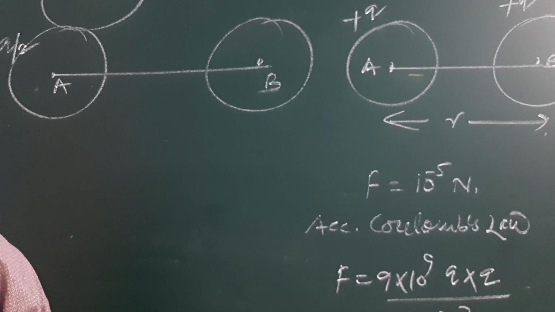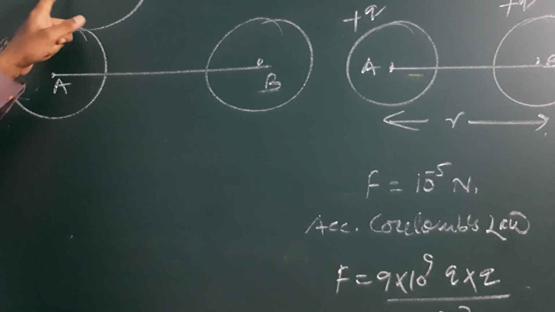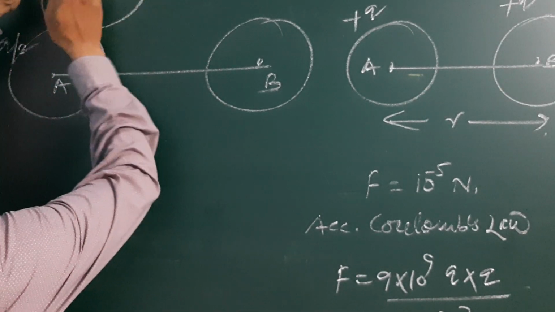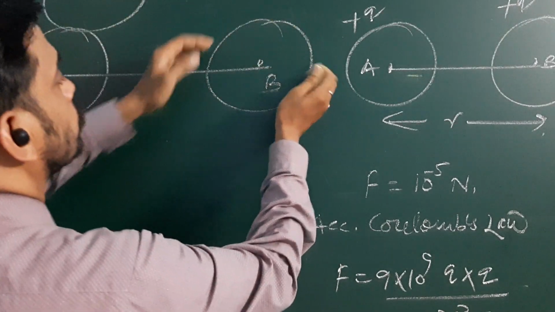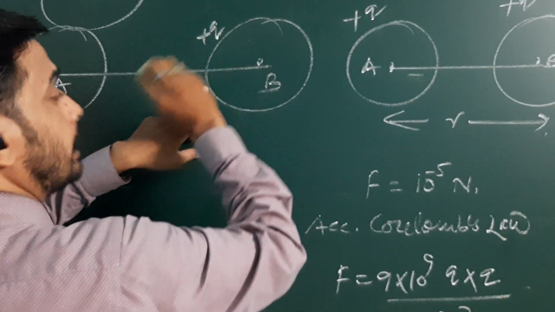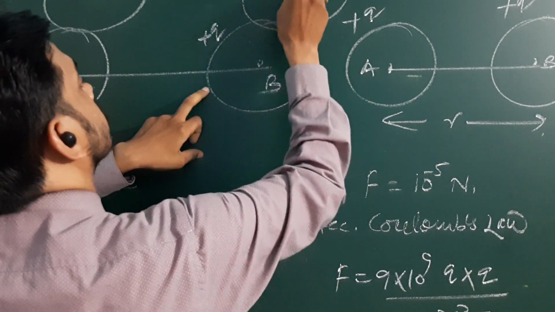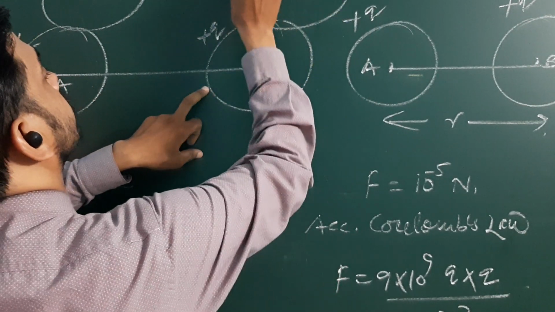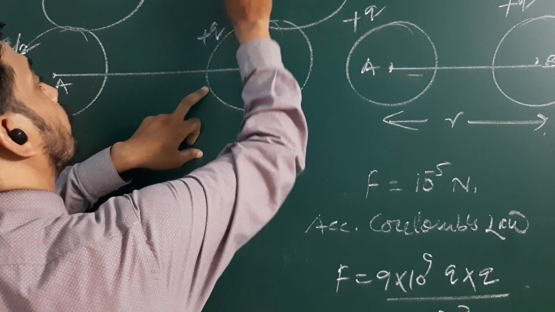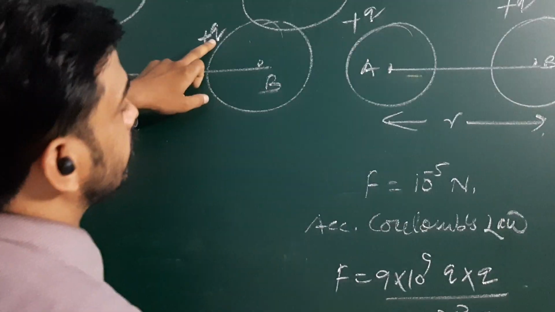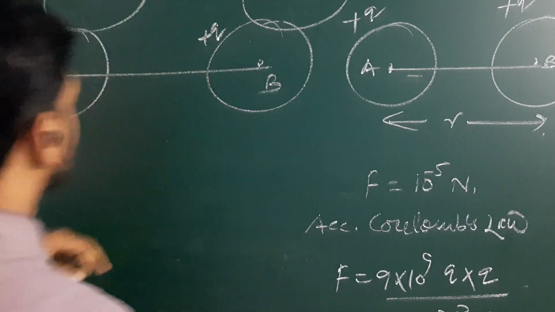Again, read the question. The third conducting uncharged sphere C, of the same size, is first touched to A and then to B. Now C has Q by 2, and B has a charge of plus Q coulomb. When they touch, what is the total charge?